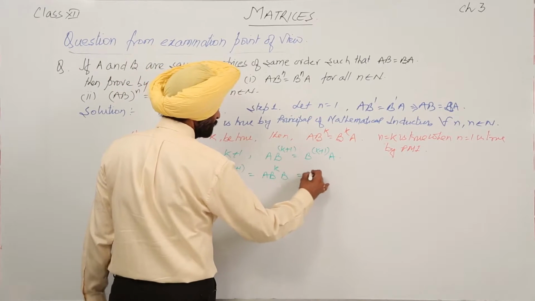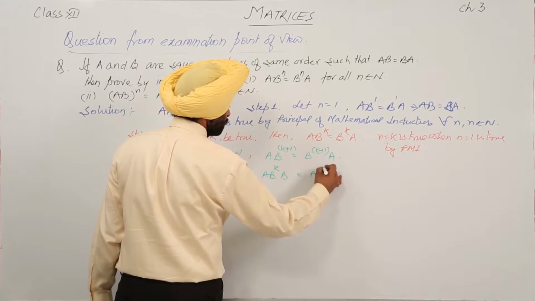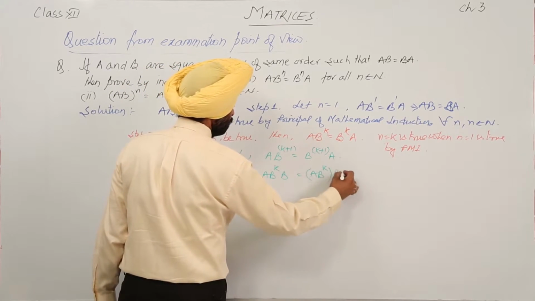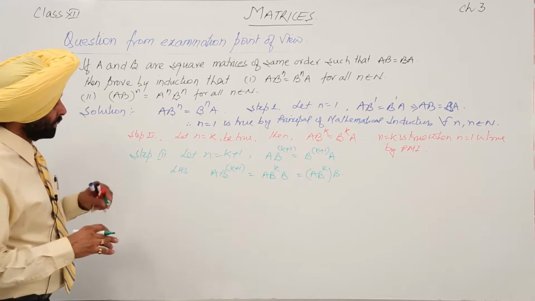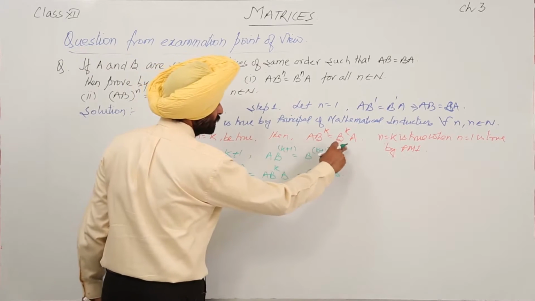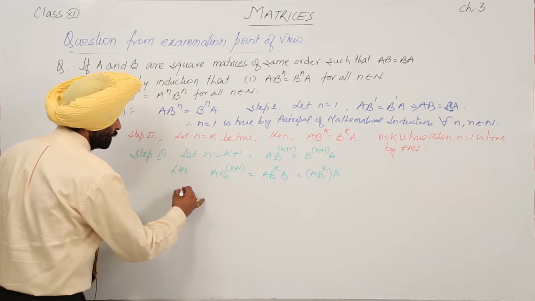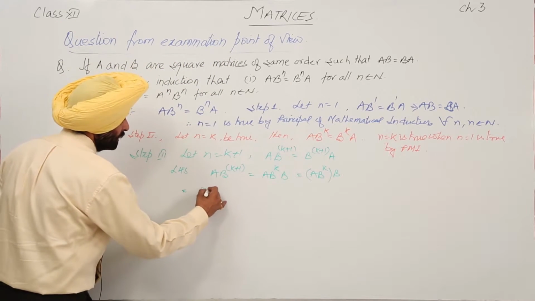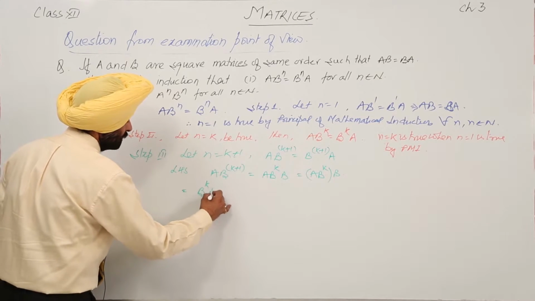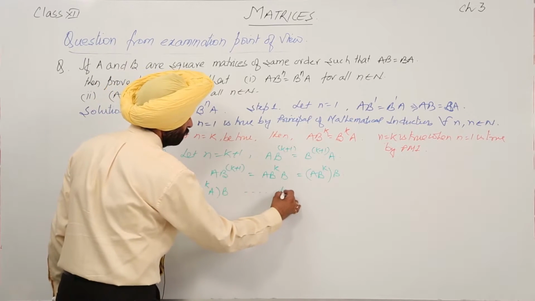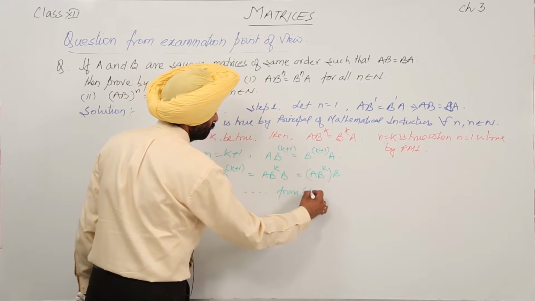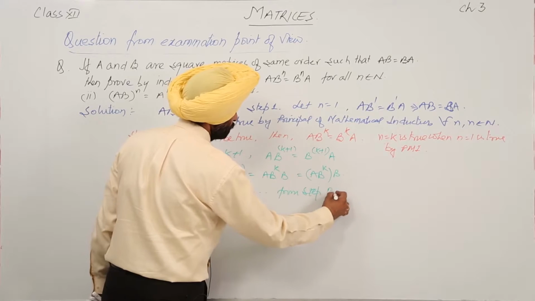Further we can write this as (AB) raised to power k with AB. Now (AB) raised to power k, this is equal to B^k A. Now this is equal to B raised to power k A with B from step 2.